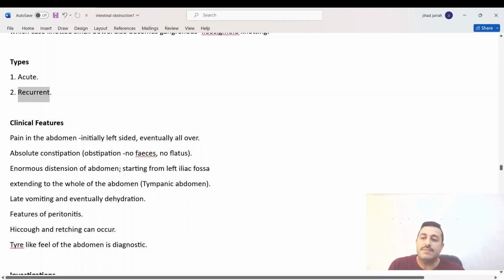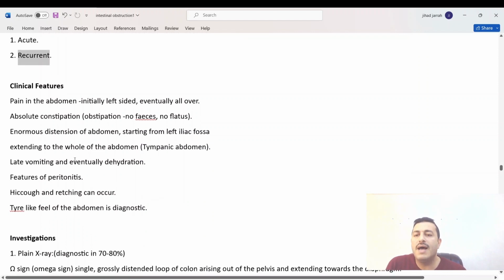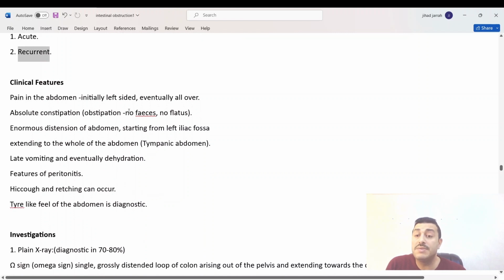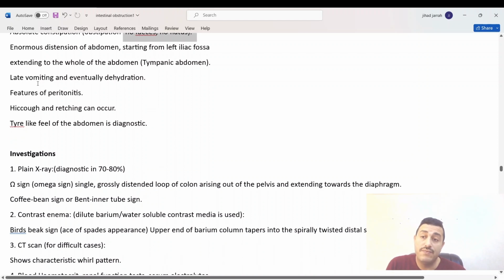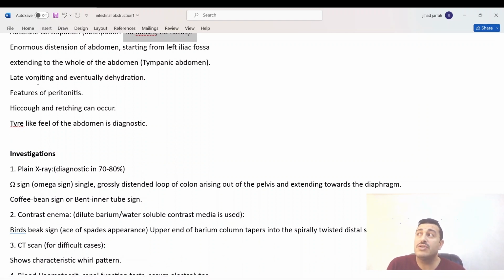Clinical features include pain initially in the left side and then all over, absolute constipation, obstipation, no gases nor stools, distension of the abdomen starting from the left iliac fossa, tympanic abdomen, and vomiting.